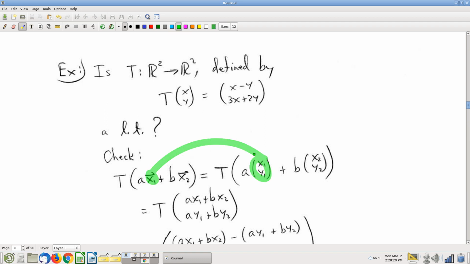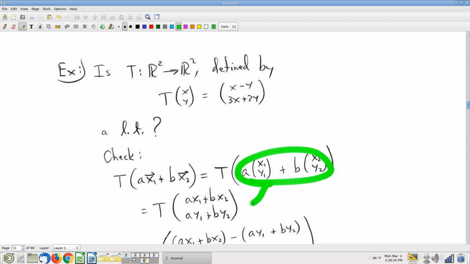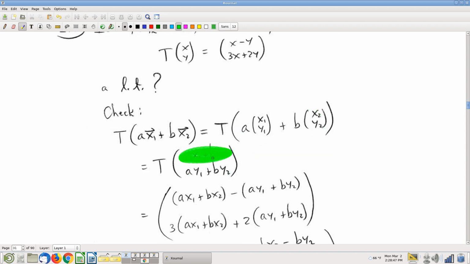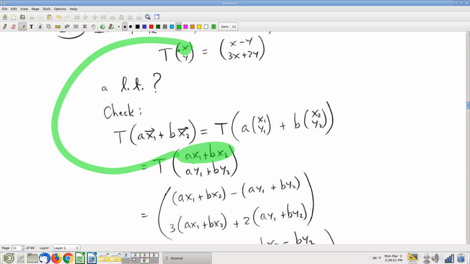This vector x1 has coordinates, x2 has coordinates. Let's just write it down in coordinates. I need it in coordinates because the function is defined in terms of coordinates. Let's multiply out that linear combination in coordinates. I haven't really done anything yet. I'm just rewriting my input vector by coordinates. Let's plug into the function. Now here we've got to be careful. That first entry, that's the x.